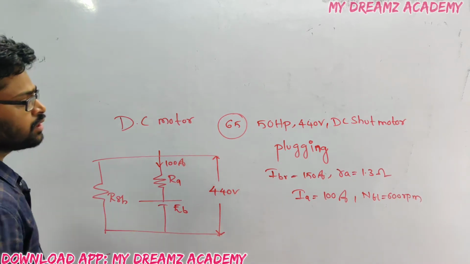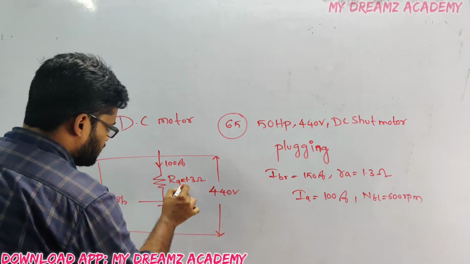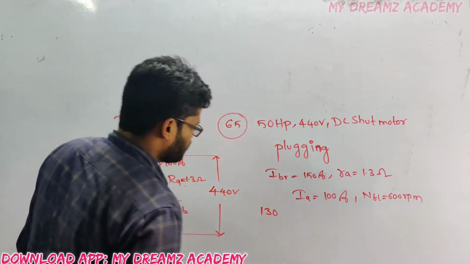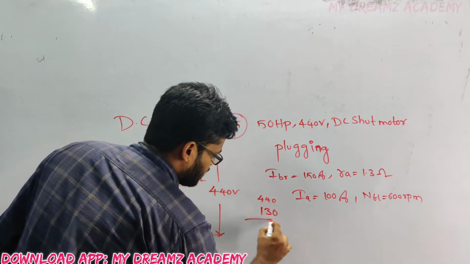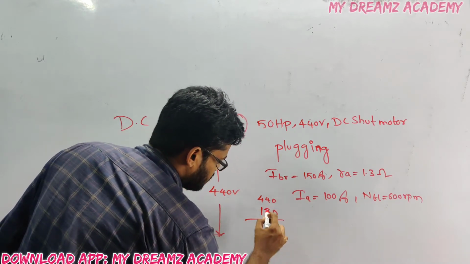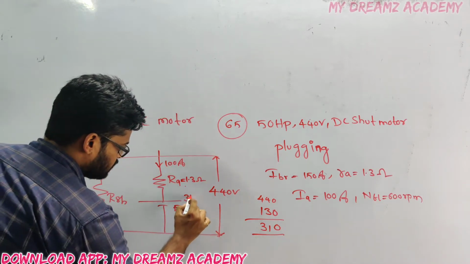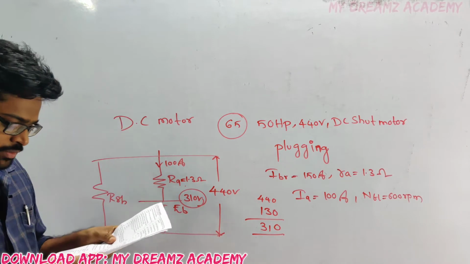The R_A value is 1.3 ohms. 1.3 into 100 gives 130. So back EMF is 440 minus 130, that is 310 volts.